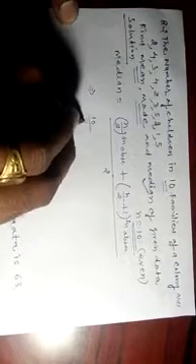So how many observations do we have? 10. So 10 by 2th observation plus 10 by 2 plus 1th observation, and their values will be divided by 2.